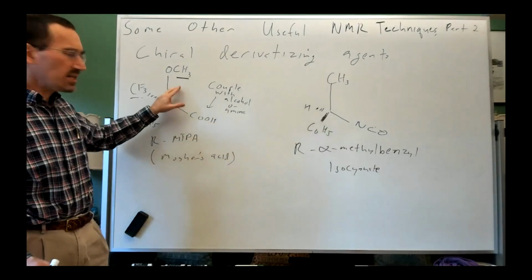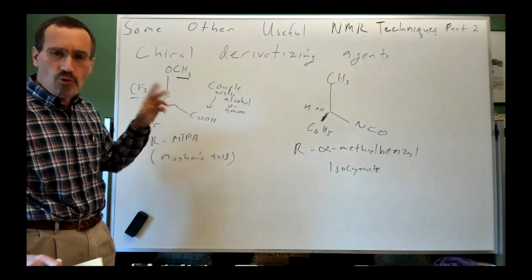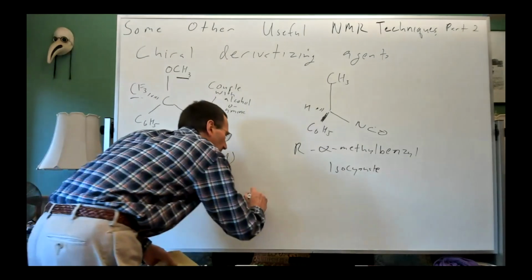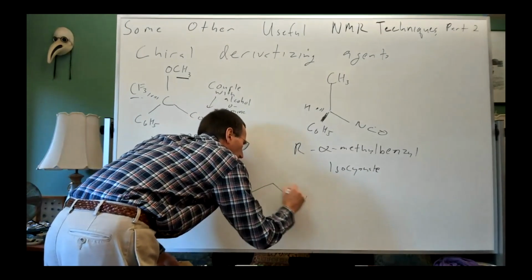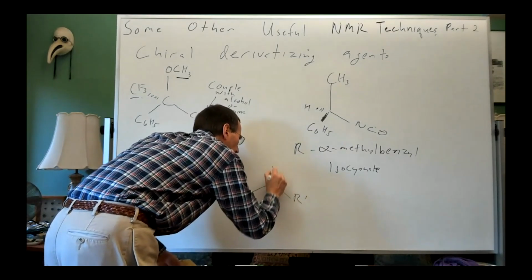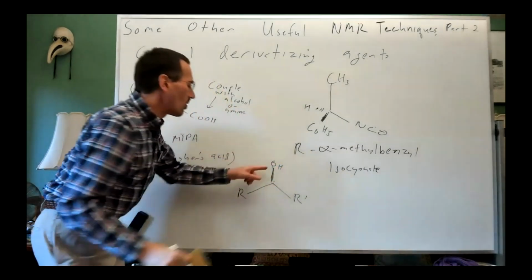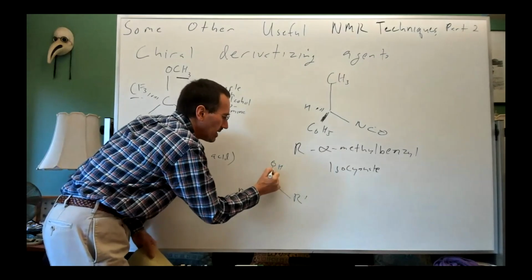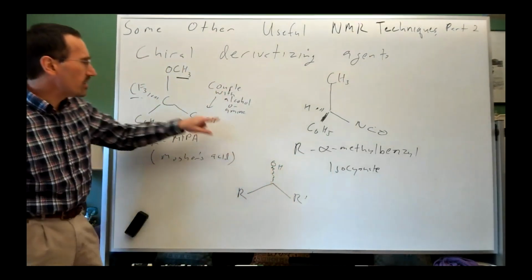One of the nice things with Mosher esters, so often you go ahead and you form, your alcohol may in fact be the source of the stereocenter. So you may have like R and R prime and have a stereocenter on your alcohol. And maybe I'll draw this with a little squiggly line to indicate that we don't know the stereochemistry.